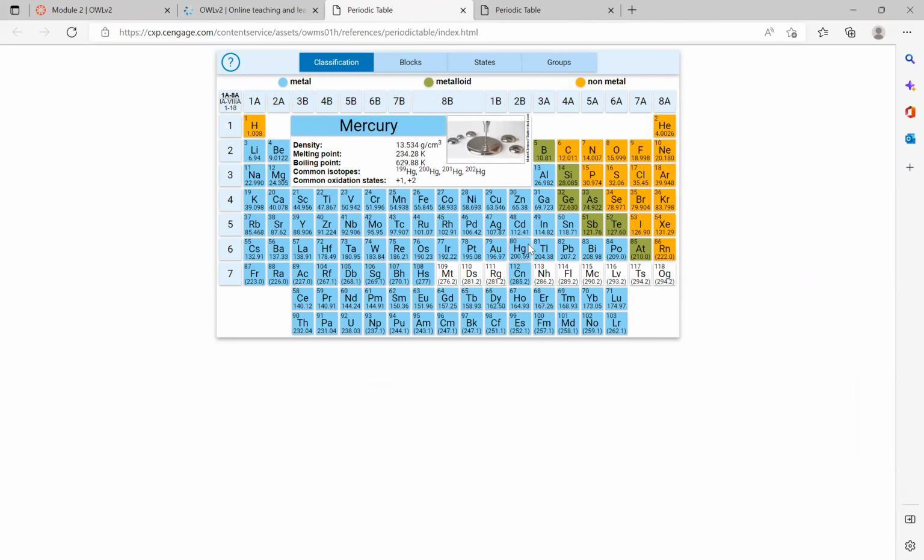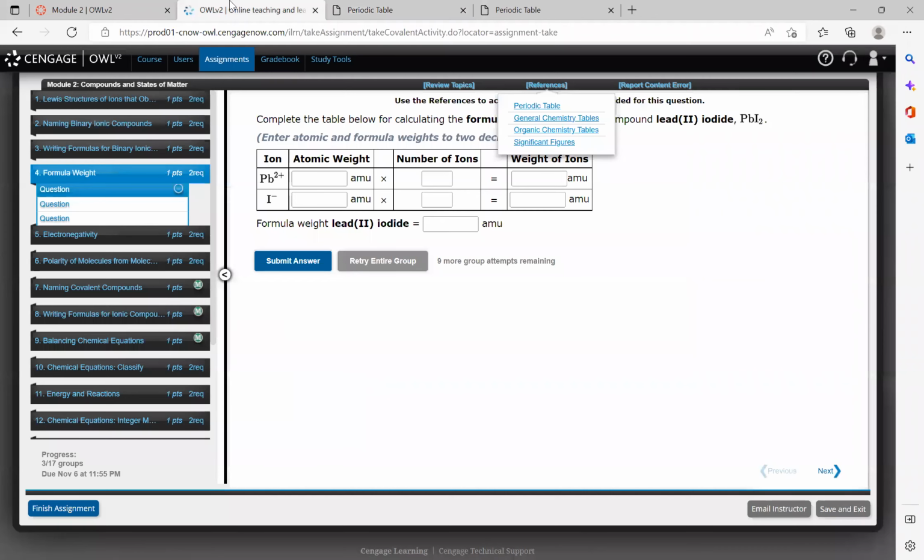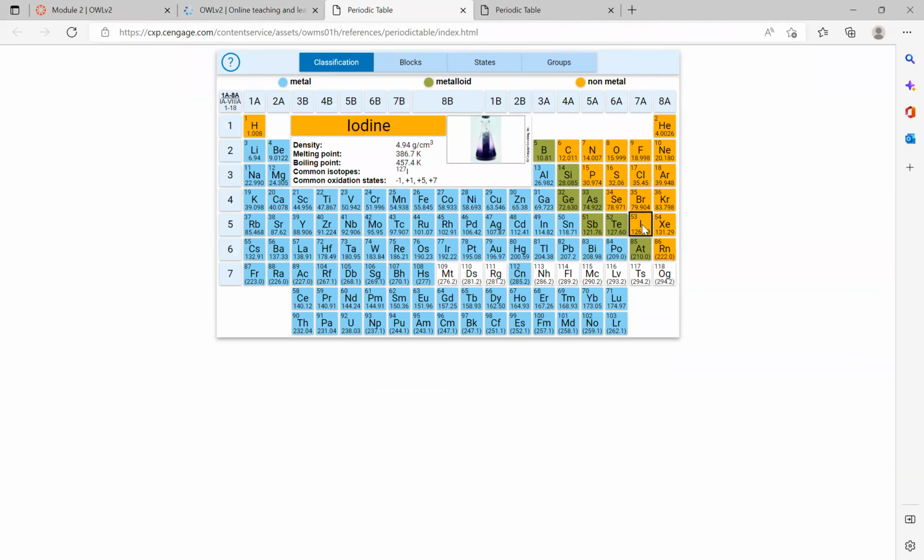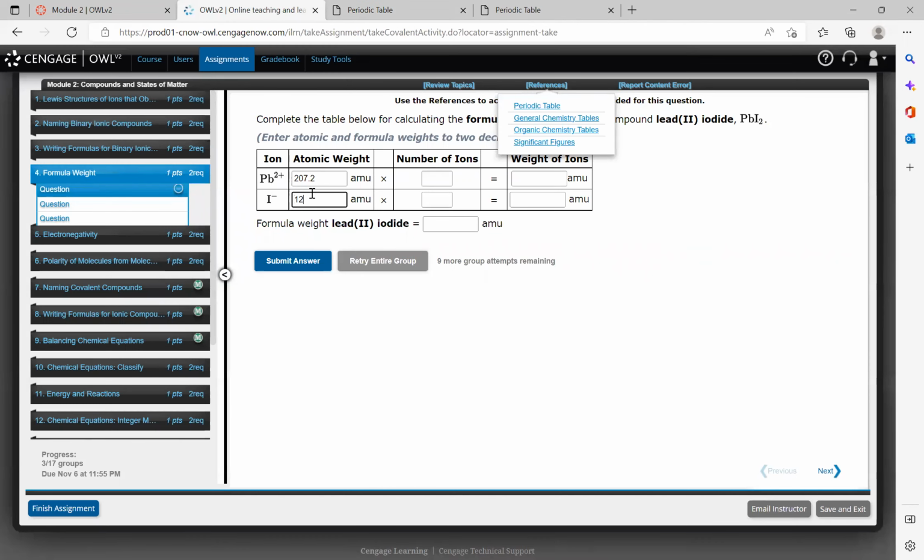So let's get Pb. Pb is going to be 207.2 for its mass. And again, they can say atomic weight or atomic mass. If we go to look at iodine, again, hit the periodic table, it's going to be 126.90.